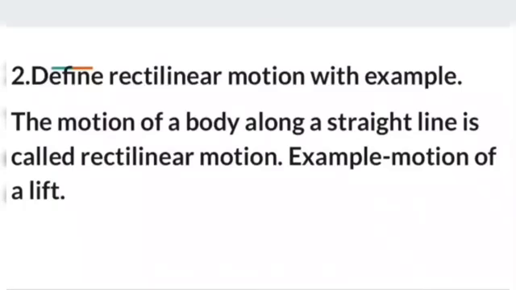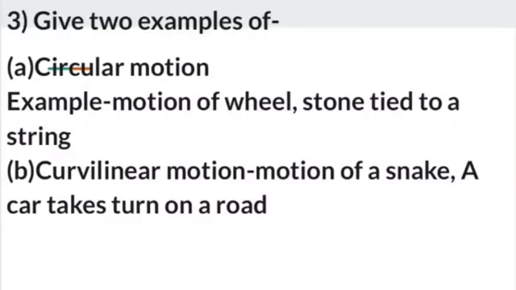Means, if any object moves along a straight path or along a straight line, then it is said to be in rectilinear motion. Okay? Like the lift always moves along a straight line or along a straight path, so it is an example of rectilinear motion.